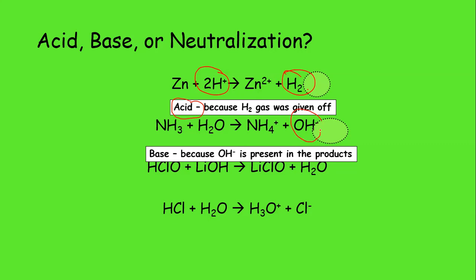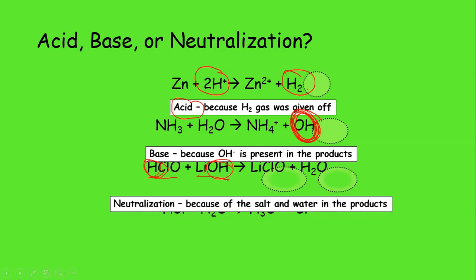You have a base. Notice that you've got that hydroxide that's given off. But then notice with the third one, now you've got two compounds in which you've got both an acid, something that contains hydrogen, and a base, hydroxide, and that's how we know it's a neutralization reaction.